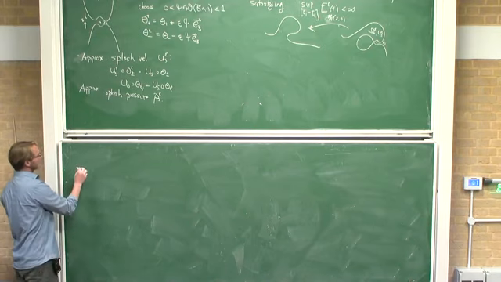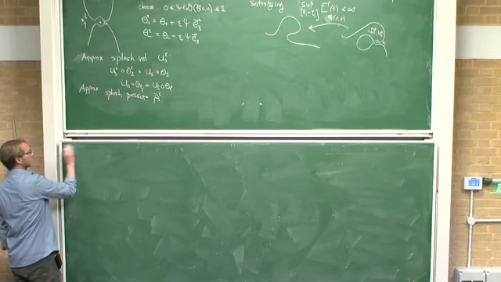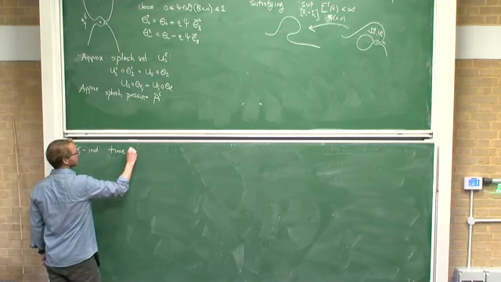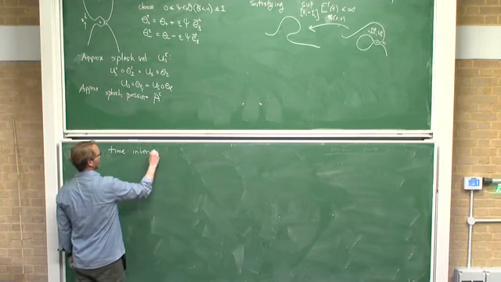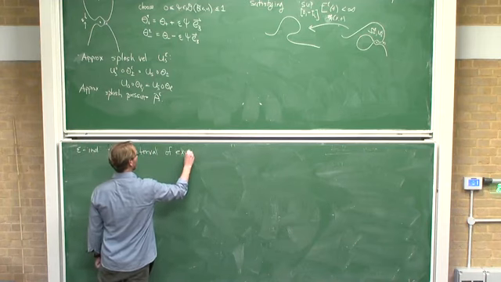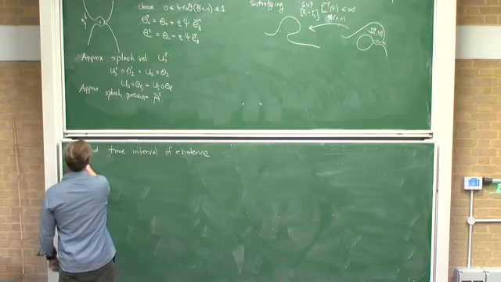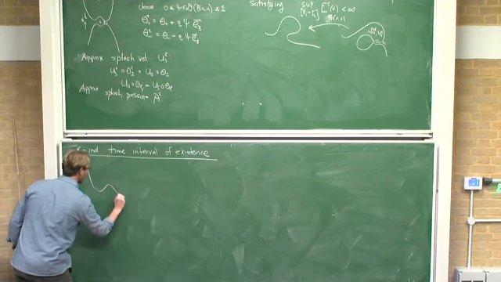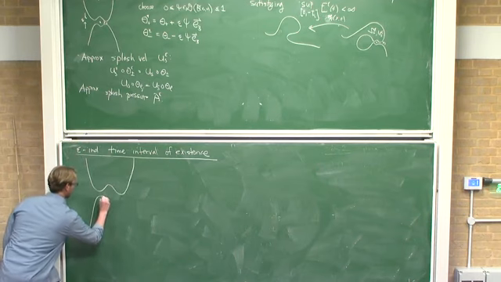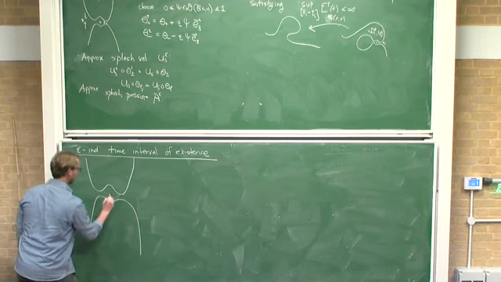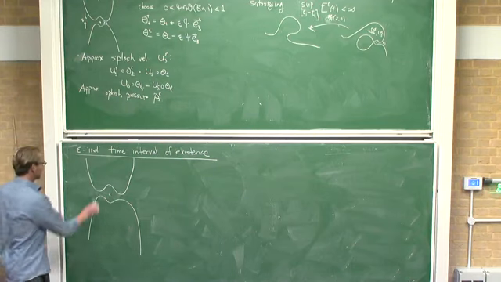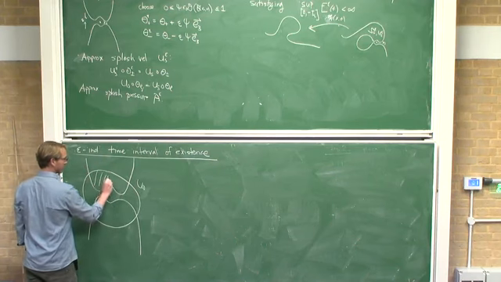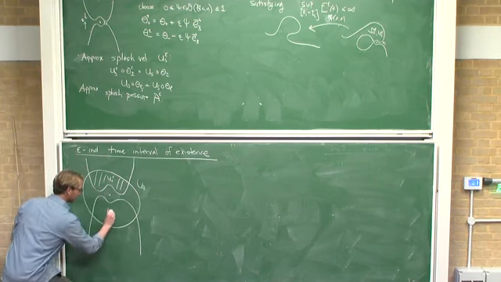So, in some sense, the idea is that one wants an epsilon independent time interval of existence. So you have this picture here. And here's our chart U0, and here's U0 plus, and here's U0 minus.